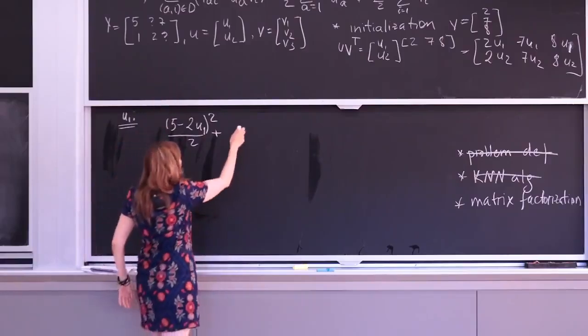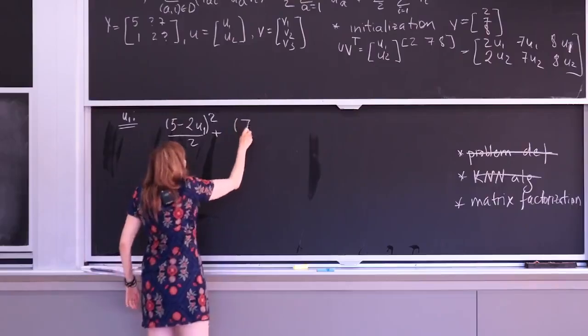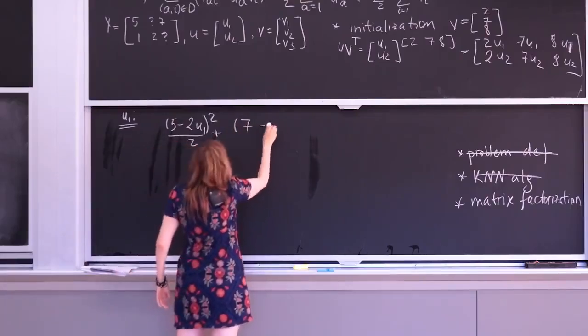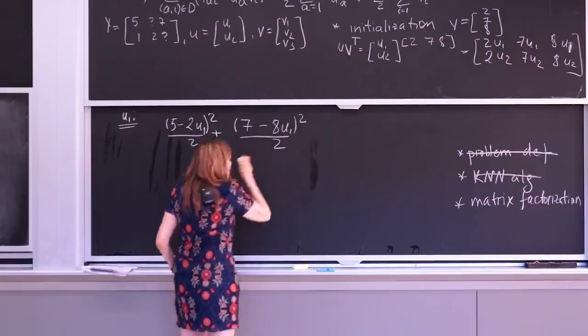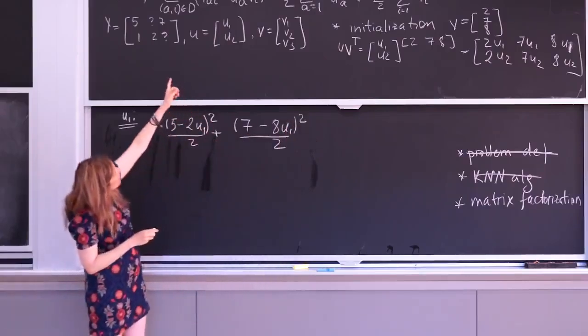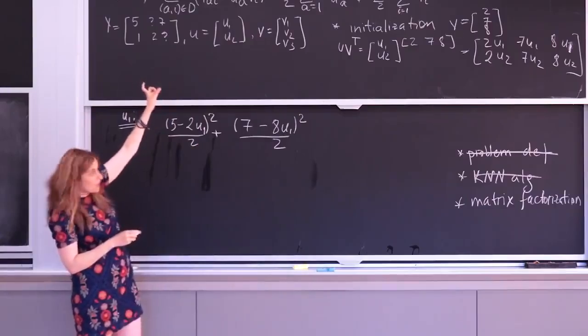In this case, we are going to do (7 minus 8u1) squared divided by 2. So this part corresponds to the first term of our objective.